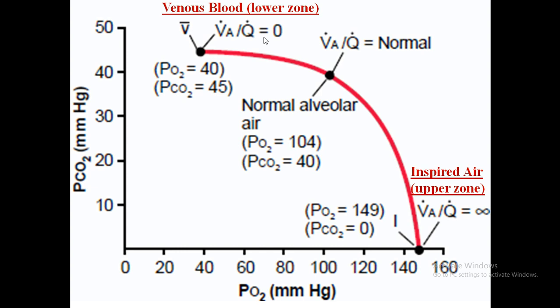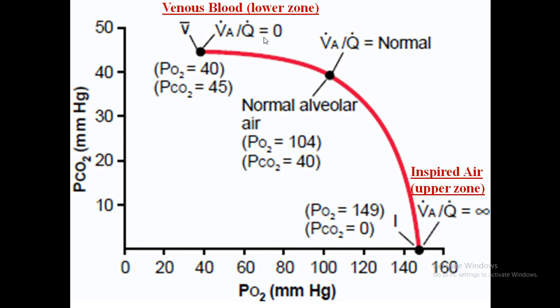Without any alveolar ventilation, the air in the alveolus comes to equilibrium with the blood oxygen and carbon dioxide, because these gases diffuse between the blood and the alveolar air. So regarding the composition of the oxygen and carbon dioxide at this pole, in the lower zone, the blood that perfuses the capillaries is venous blood returning to the lung from the systemic circulation, so the gas in the blood will be equal to the alveolar gases.